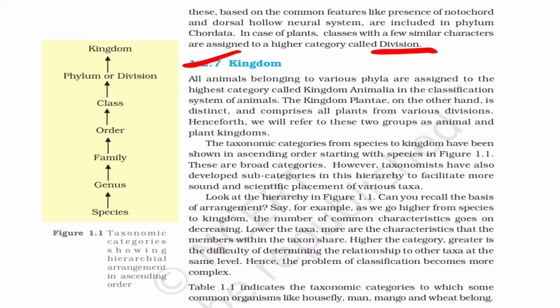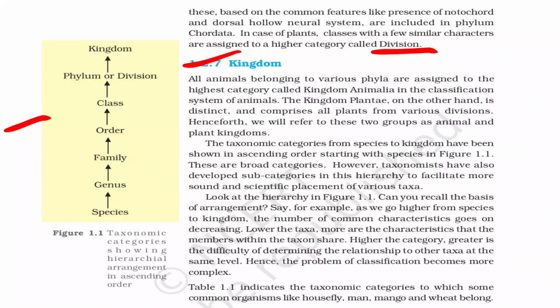The taxonomic categories from species to kingdom have been shown in ascending order. Starting with the species that is shown in the figure, these are broad categories. However, taxonomists have also developed some subcategories in the hierarchy to facilitate more sound and scientific placement of various taxa. As you look at the figure, can you recall the basis of arrangement?